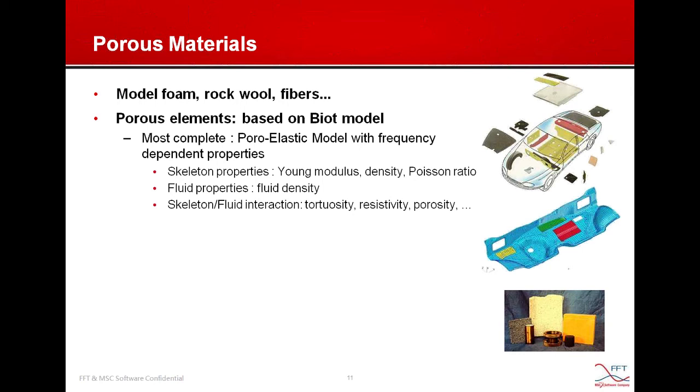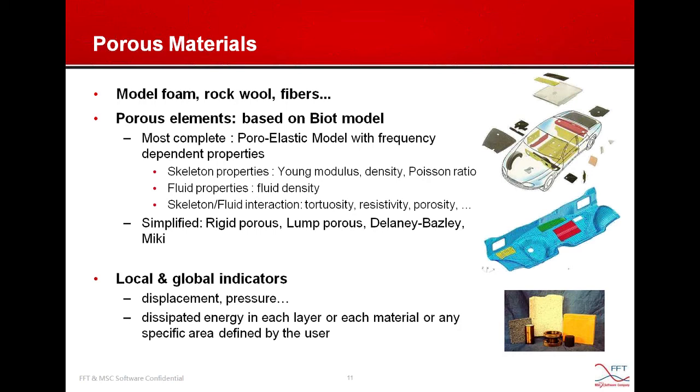Sometimes we do have access to all the properties that could be measured, but when we do not have access to all of them, we can use some simplified models to help. With fewer material properties, the simplified models can sometimes offer reasonably accurate results in some specific configurations or at specific frequency ranges.